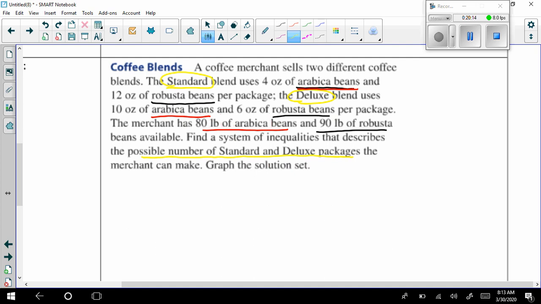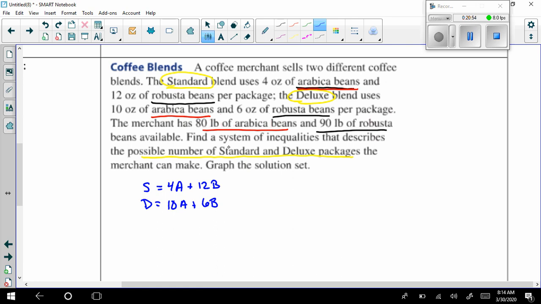And so we have in the standard, four of the A plus 12 of the B. And then the deluxe, we have 10 A and 6 B.